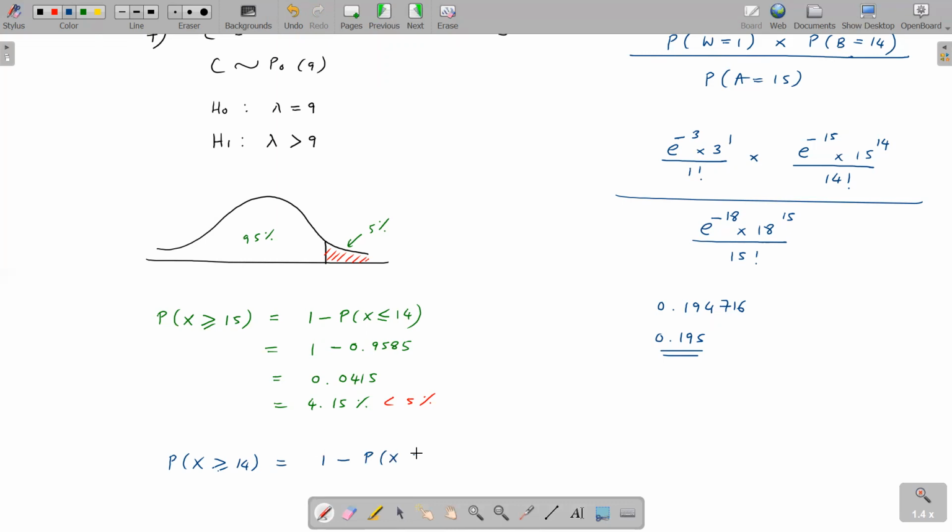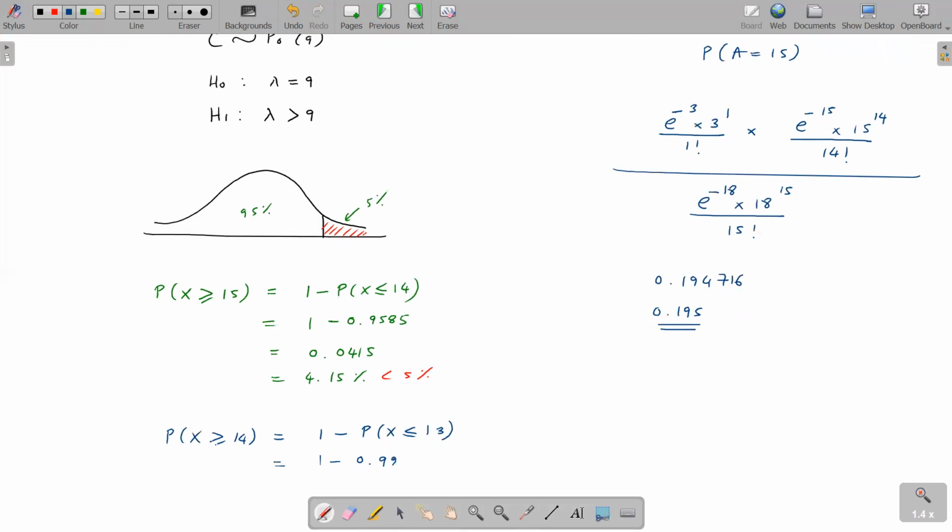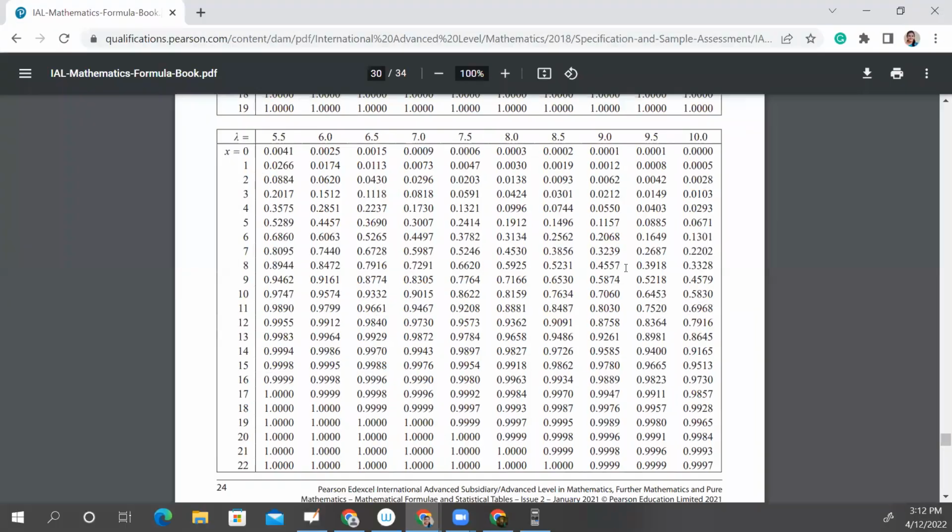1 minus x is less than or equal to 13, right? How much was that? X is less than or equal to 13 was 0.9261. I just showed it, right? For lambda value of 0.9261 for 13.